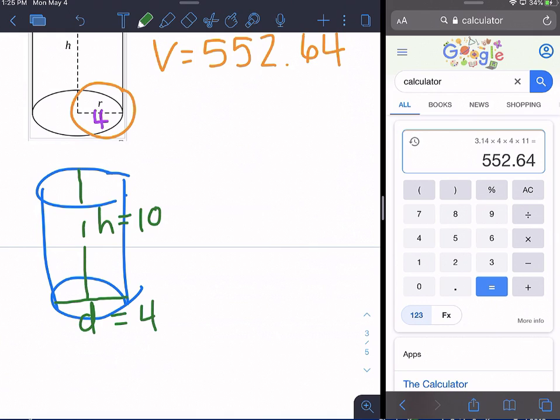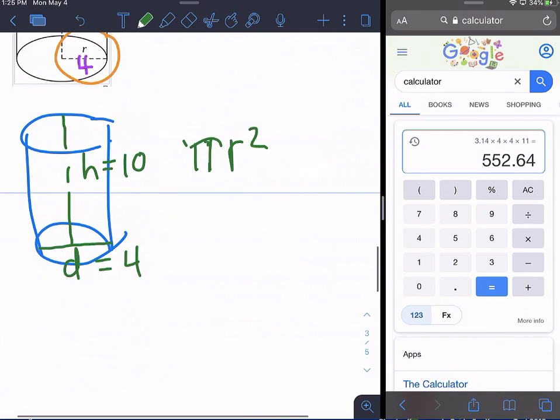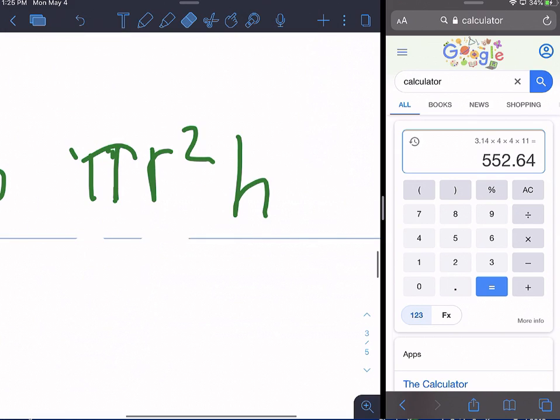We have to be really careful that we are actually finding the area. So remember, area is pi r squared, so we're doing pi r squared times the height. Pi is 3.14.